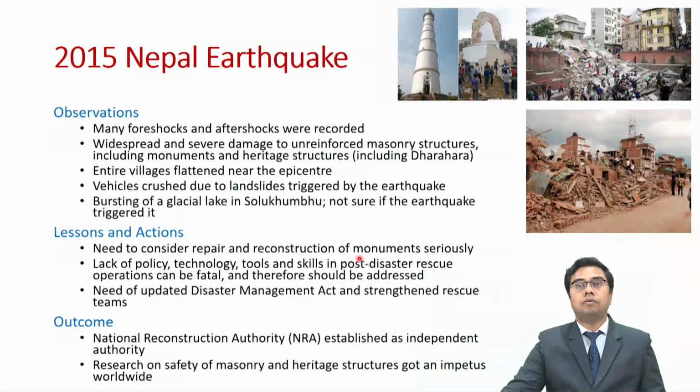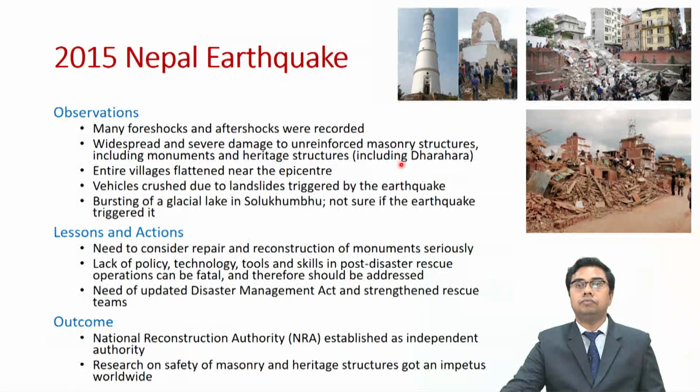There were a number of observations from the earthquake that we had experienced a lot of foreshocks and aftershocks. We also observed widespread and severe damage to unreinforced masonry structures, including monuments and heritage structures, including dharara.